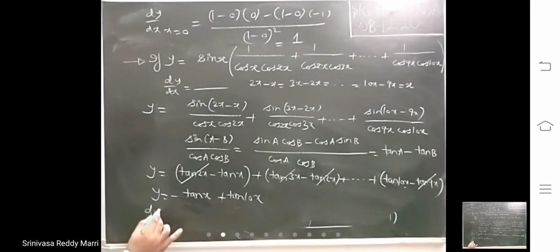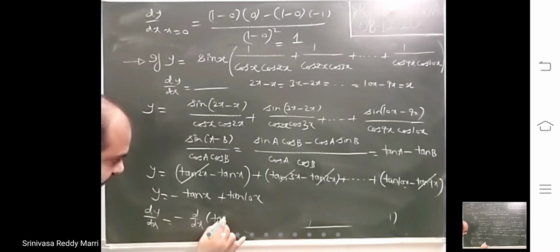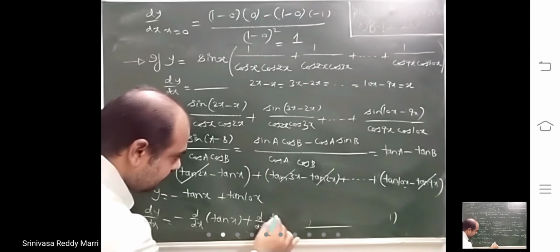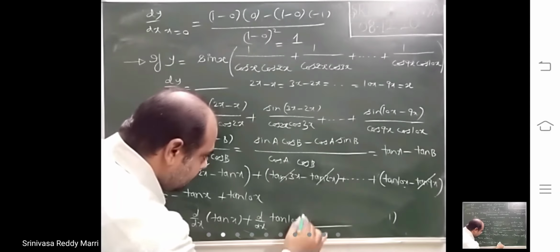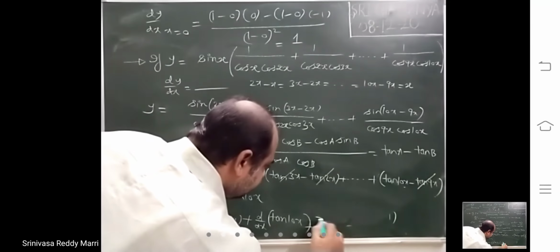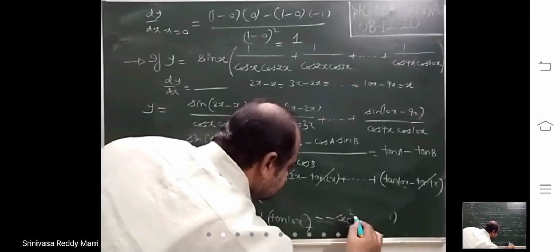Now dy by dx is nothing but d by dx of this plus d by dx of this. Tan x, so d by dx of tan x is direct rule, minus secant square x.